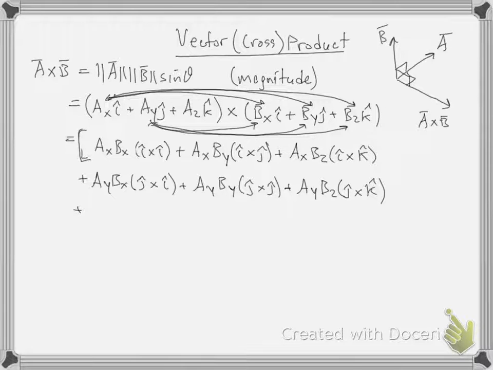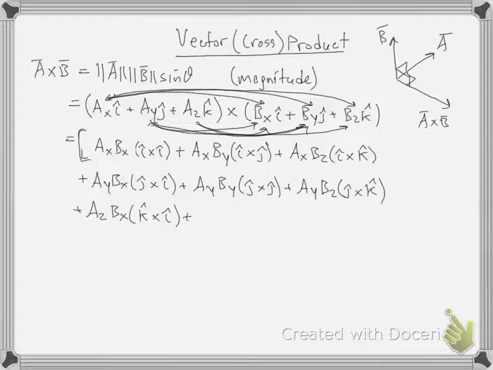Now last term, AZ with BX. Notice I'm keeping the order of these unit vectors exactly the same as they are taken from the above expression. Notice they're not necessarily in alphabetical order. We'll worry about that shortly. So now we need AZ with BY.